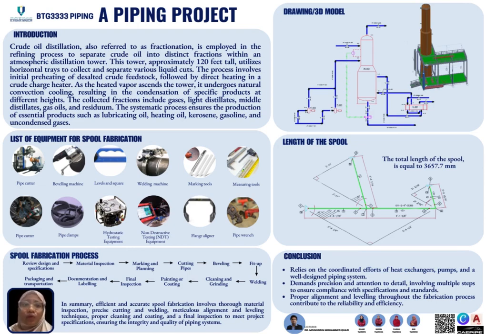Before the grand reveal, a final inspection ensures everything meets project specifications, from dimensions to material quality. All the paperwork is assembled, including inspection reports, welding procedures, and more. Spools are labeled for easy traceability.